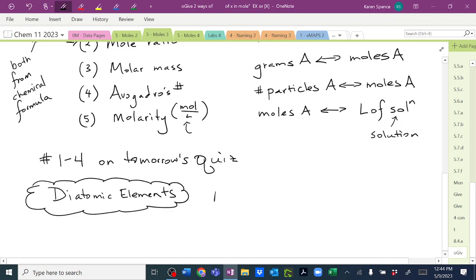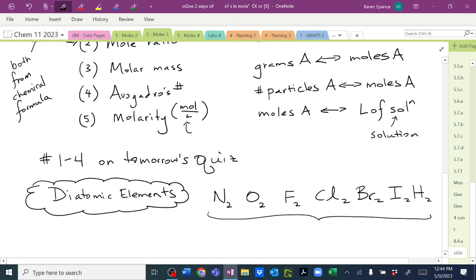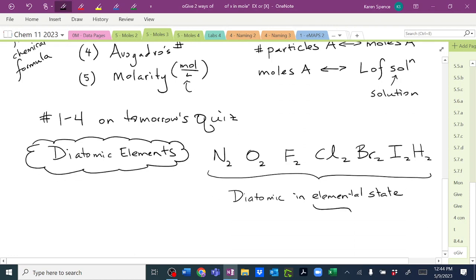Nitrogen, oxygen, fluorine, bromine, iodine, and hydrogen. Okay? All of those are diatomic in their elemental state. Elemental state means they're not part of a compound.